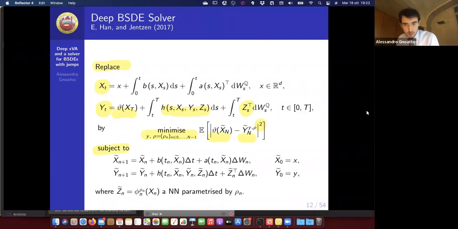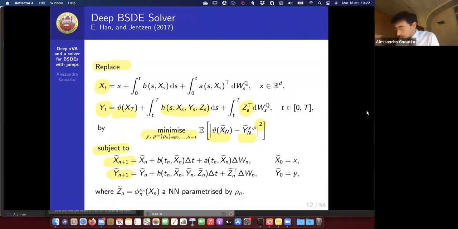So we work in discrete time now. We perform an Euler discretization of the forward-backward system. Here you have the standard Euler scheme for X, and here I am applying a forward discretization of the backward SDE.